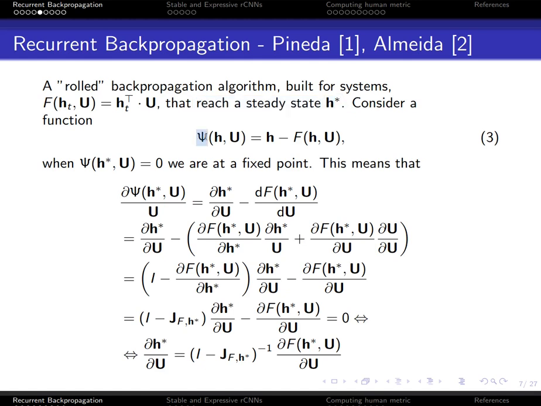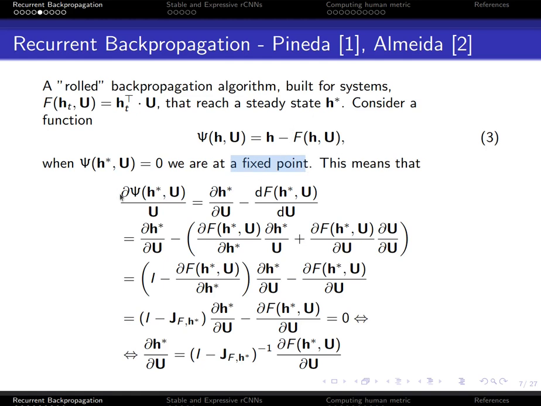In the original paper, they defined this function psi that receives h and w and computes the difference between h and the function f receiving h. And they say that when this function is 0, we arrive at a fixed point, right? Because if my present state is equal to the next state, then we are at a fixed point.